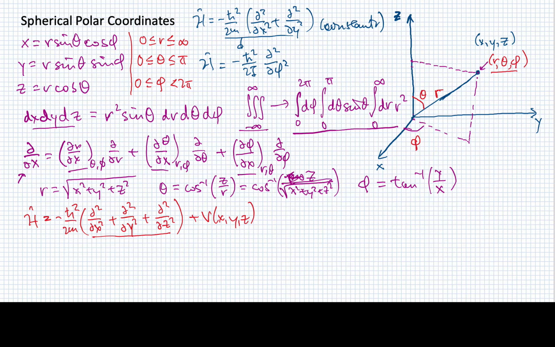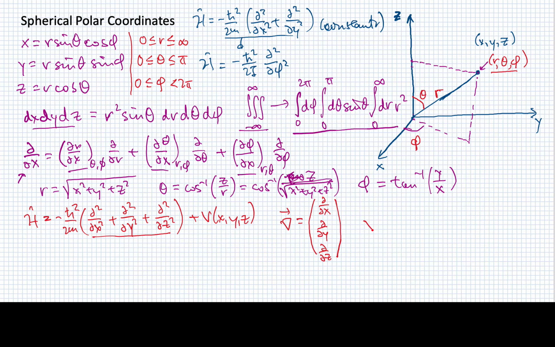So in fact, what tends to happen is we define a special operator that is, if you will, the vector of these 3 partial derivatives. So it's a vector operator that contains the derivatives as its components.